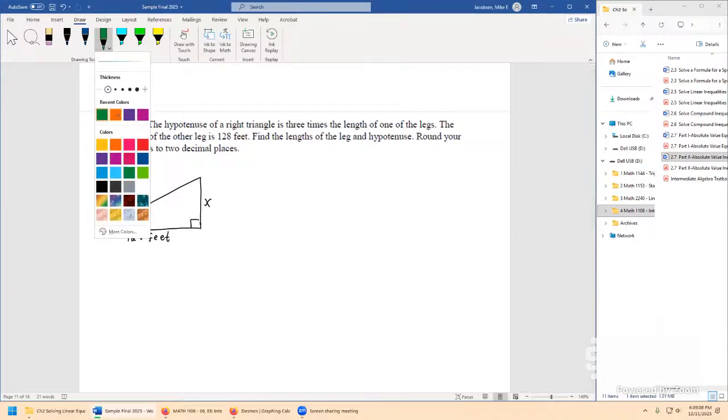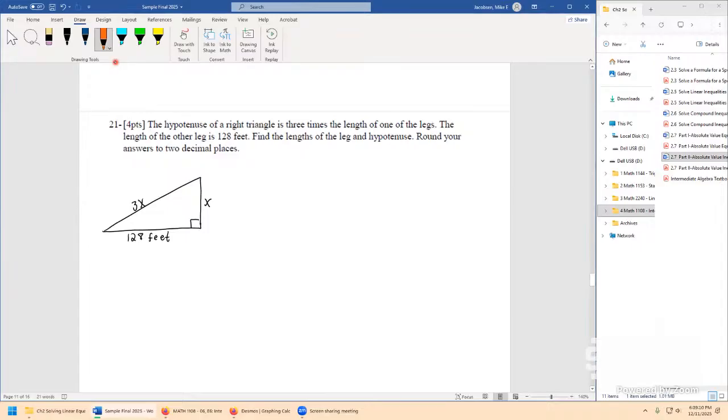So the major idea for this problem is it's really just Pythagorean's theorem. We'll label this side as A. Usually you want to keep one leg as A, the other leg as B, and the hypotenuse should be the one labeled as C, based on the way we usually write down that formula.